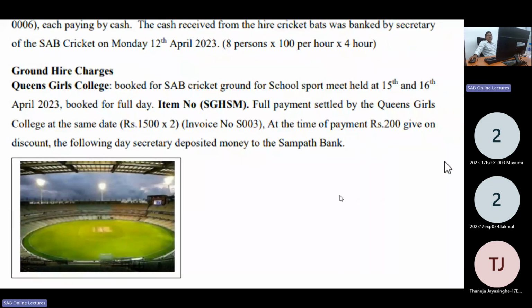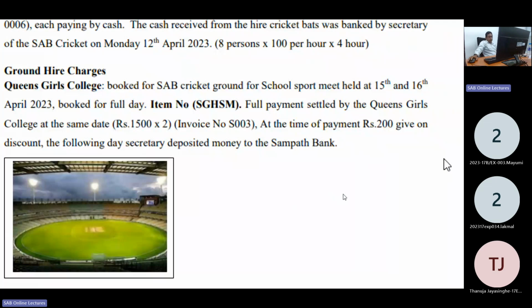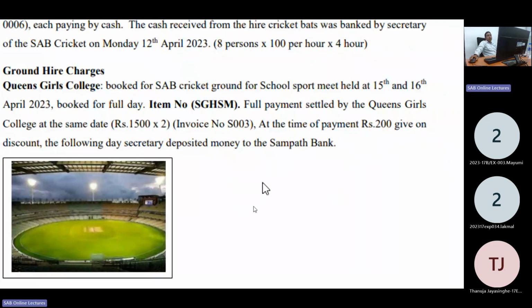For both days, 15th and 16th. Full day booking. Full payment. Per day, 1,500 times 2. Given a discount of 200. Deposit the money. But take less than 1 minute to record it there. 1 minute for all transactions, all steps. Right, start. Hurry up.